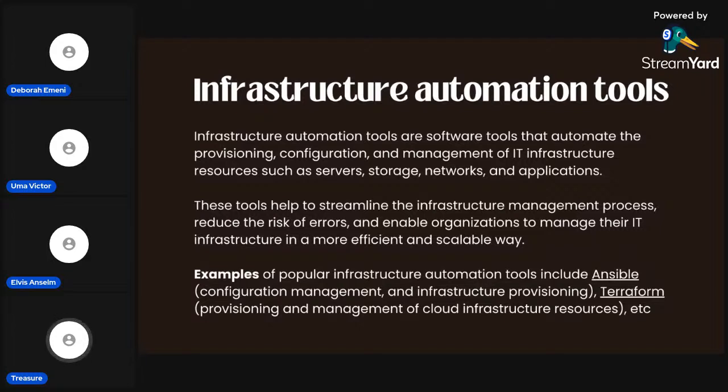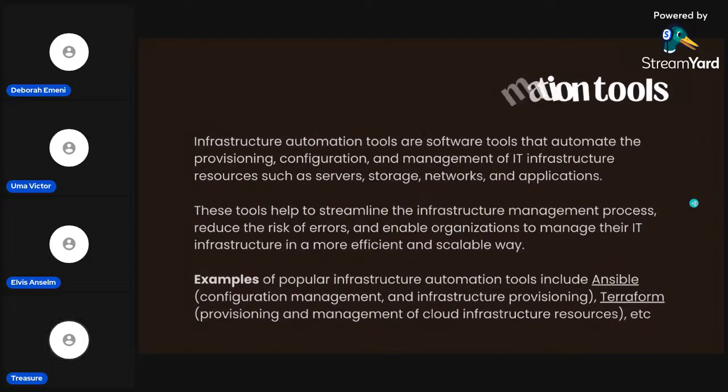So infrastructure automation tools include configuration management tools, resource provisioning tools, and many others. Examples are Ansible and Terraform. They are the most popular ones that we know of.